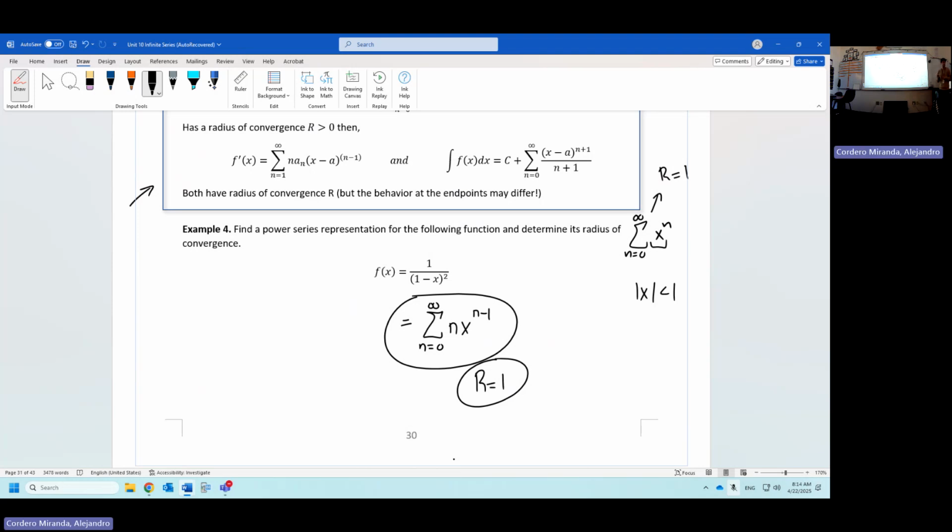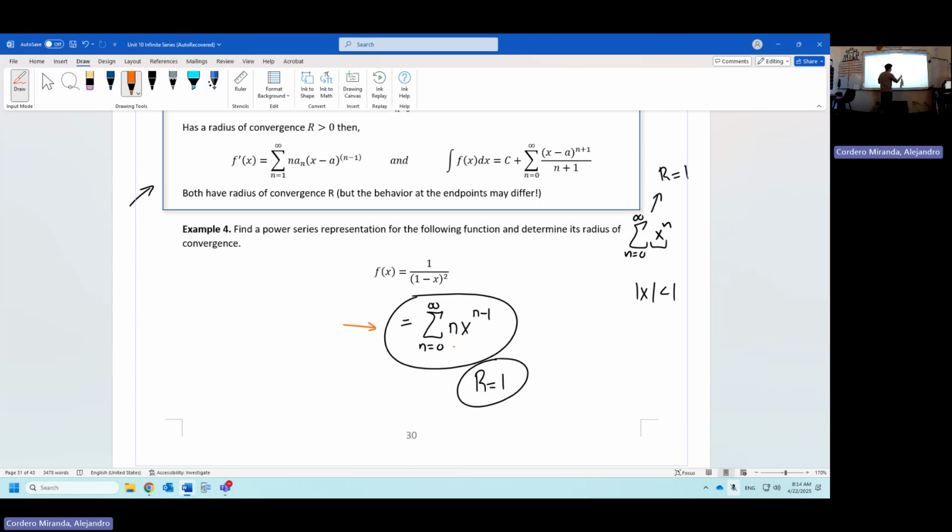Is there a mathematical way to find that, or no? The question was, is there a mathematical way, if you forget that on the test, that you could find it? Yeah, you could forget about everything you've done. Just look at this series and find its radius of convergence.